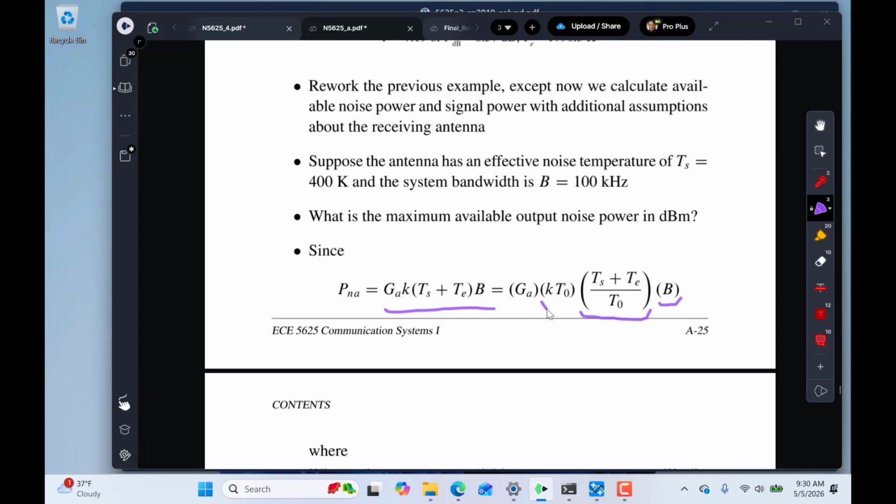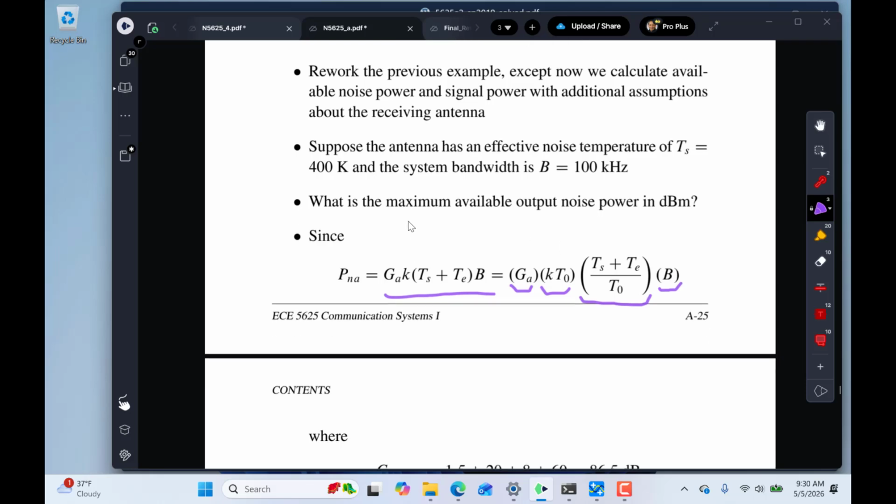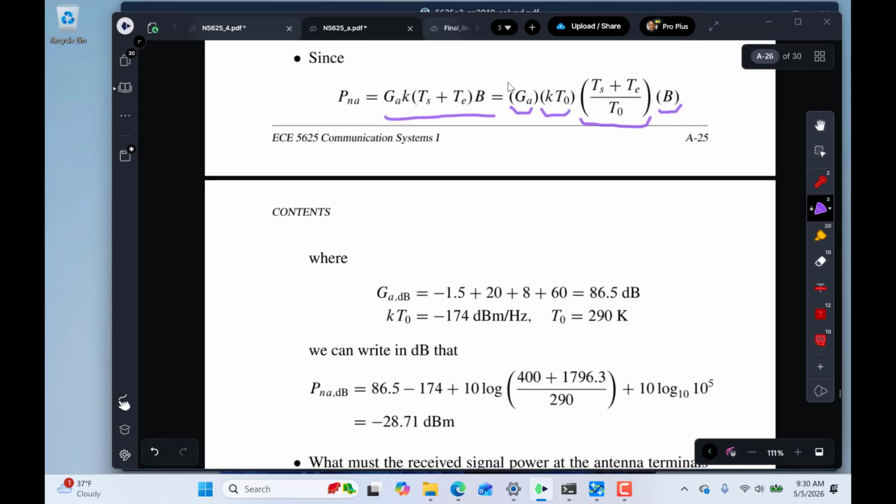What we're doing is going to be your preference. Do you like multiplying or do you like adding? When working in dB, adding is what you do. So you say, what is the gain in dB? All of these numbers are multiplicative, so they're all going to be dB values that we add.